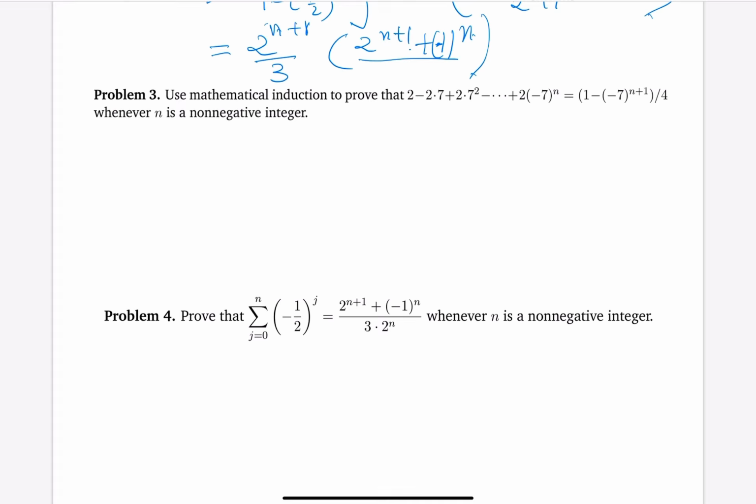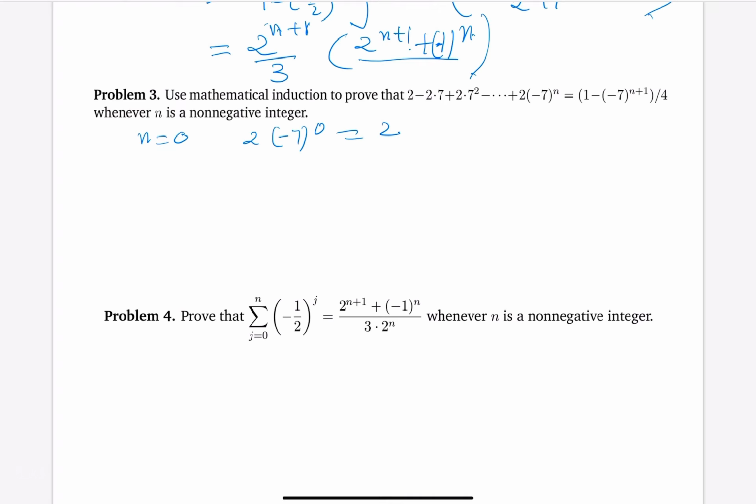Okay, base case, if n equals 0. I don't know why I didn't get this one. If n equals 0, so I get here 2 times negative 7 to the 0, I got 2. I may just have made a mistake previously.